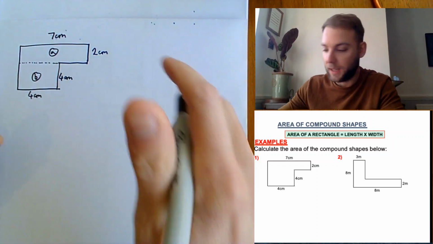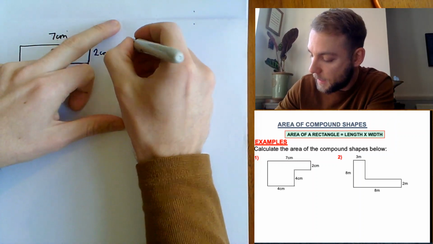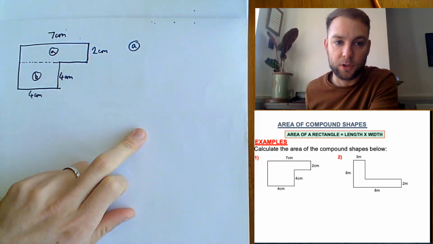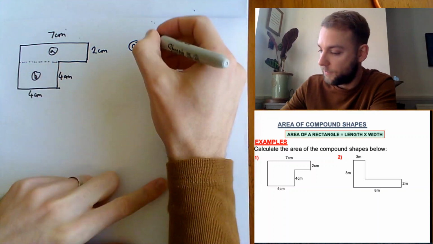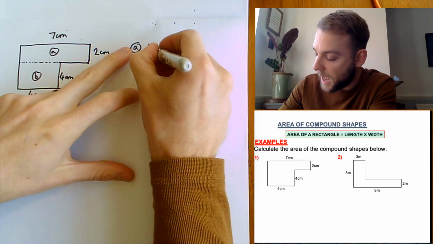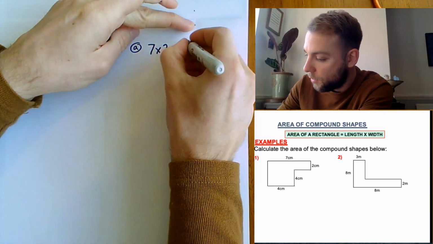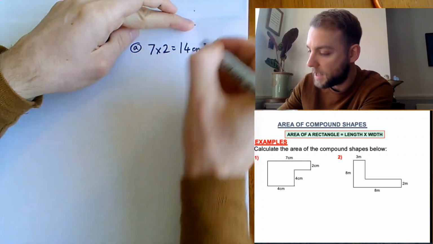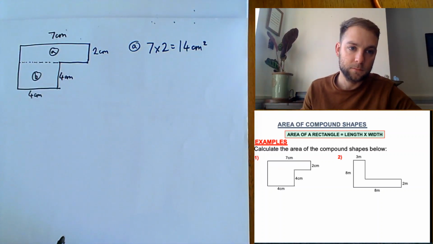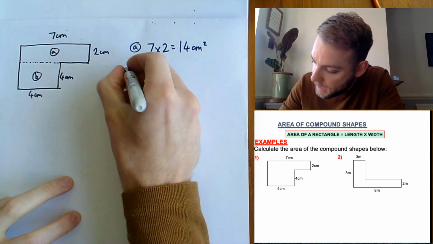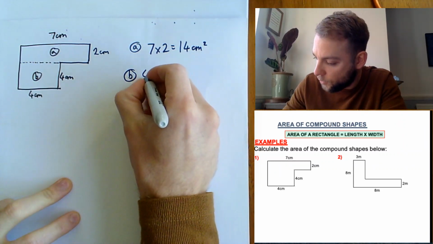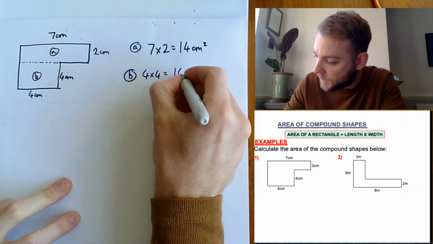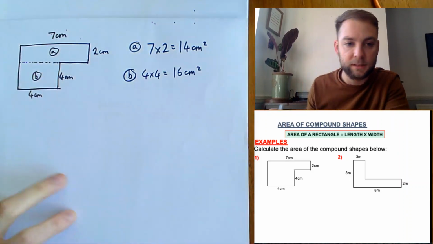So if I'm working out the area of A, it's equal to my length times by my width. So it's going to be 7 times by 2, which is equal to 14 centimetres squared. The area of B is equal to 4 times 4, which is equal to 16 centimetres squared.